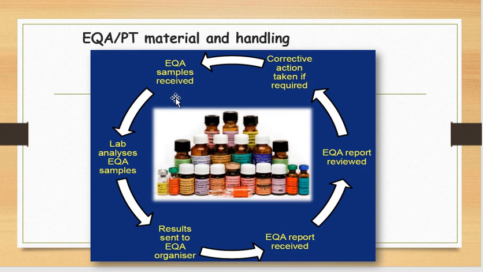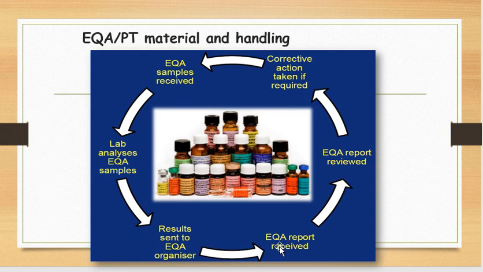Okay, starting from here, the EQA provider will send the sample to the lab participant. So EQA samples are received, and then the lab will analyze the EQA sample. After analyzing, the result is sent to the EQA organizer, and then the organizer will receive the EQA result and come up with the EQA report.